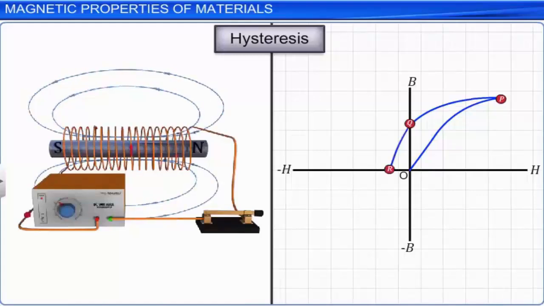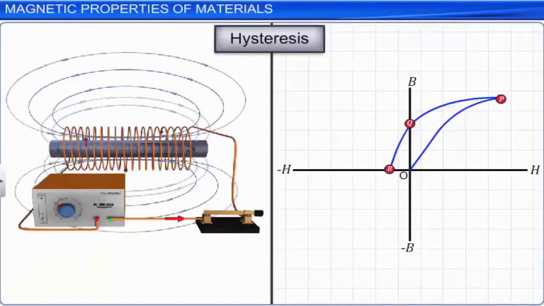This magnitude of applied magnetic field H is known as coercivity. As the current in the reverse direction increases in magnitude, we once again obtain the saturation magnetization in a direction opposite to that of the previous one. This is represented by the curve RS in the graph.